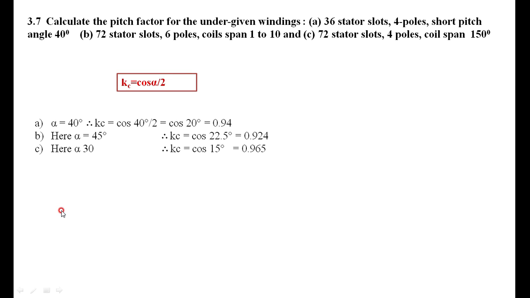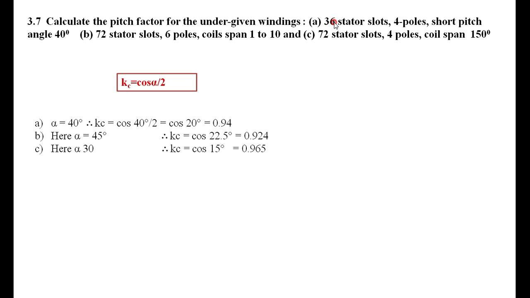Okay, on this we will solve one numerical. Calculate the pitch factor for the under given conditions. There are 3 conditions. For 3 different conditions you have to find out the value of the Kc. First case, 36 stator slots, 4 poles, short pitch angle is 40 degree. In A it is very simple.